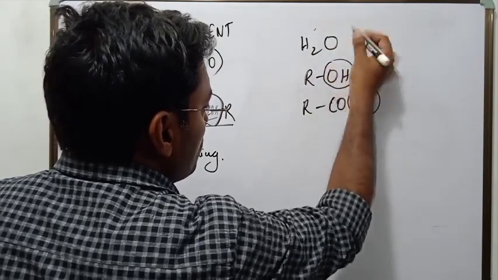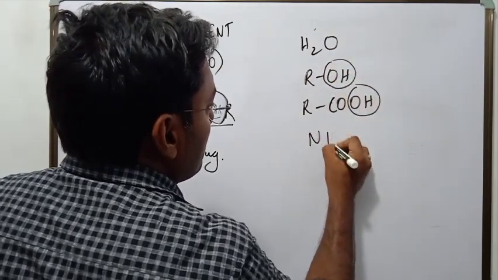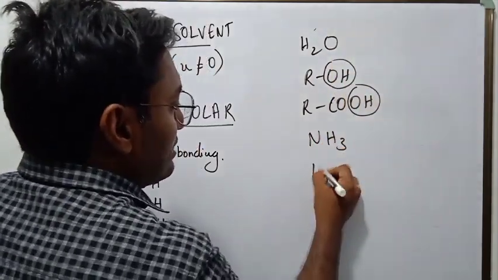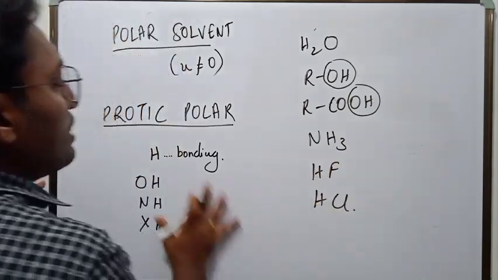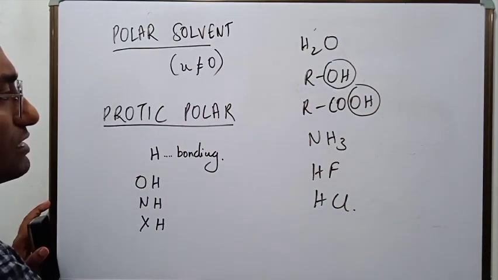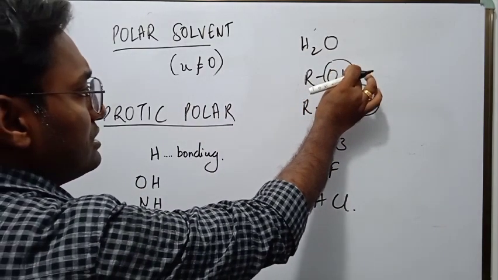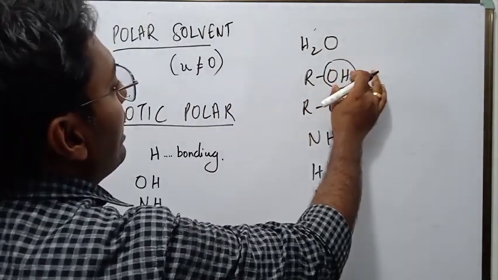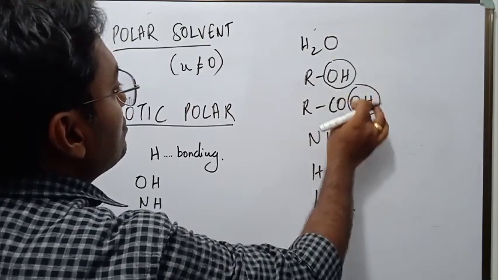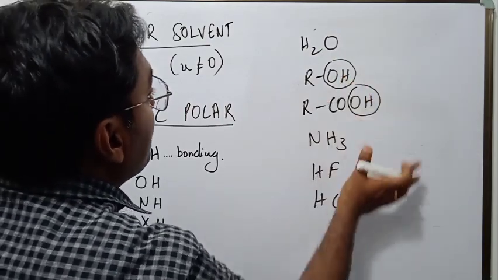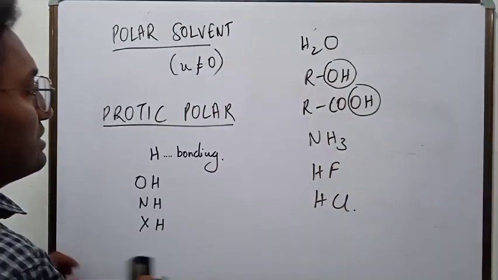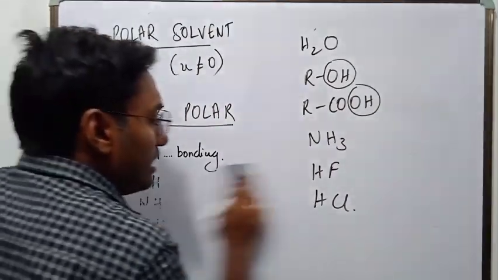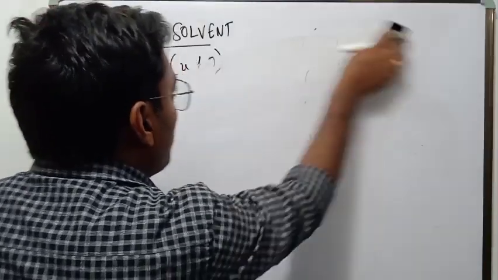NH3, HF, HCl, all these are protic polar solvents. They have H that can be involved in hydrogen bond interaction because the H is attached to an electronegative atom, and now they can exhibit hydrogen bonding interactions. Protic polar solvents. Now let us look at aprotic polar solvent.